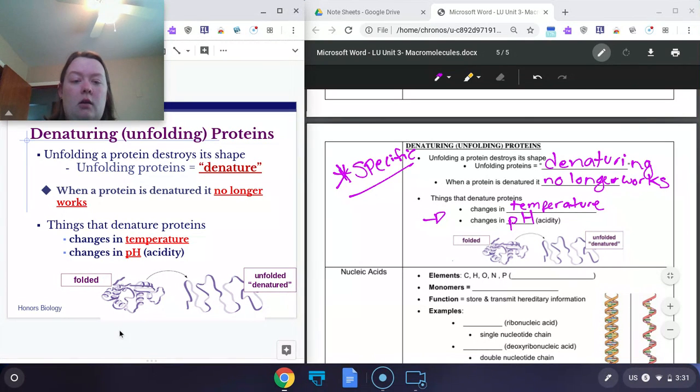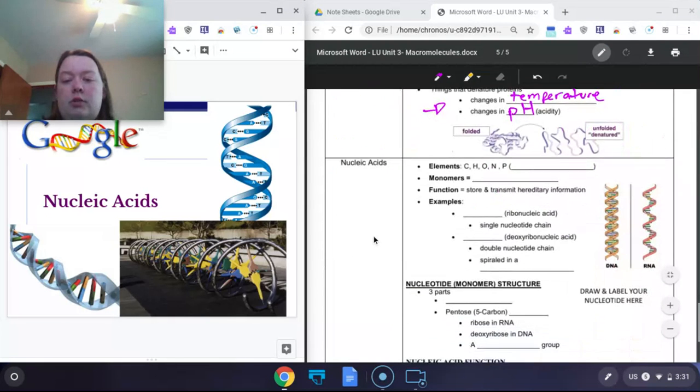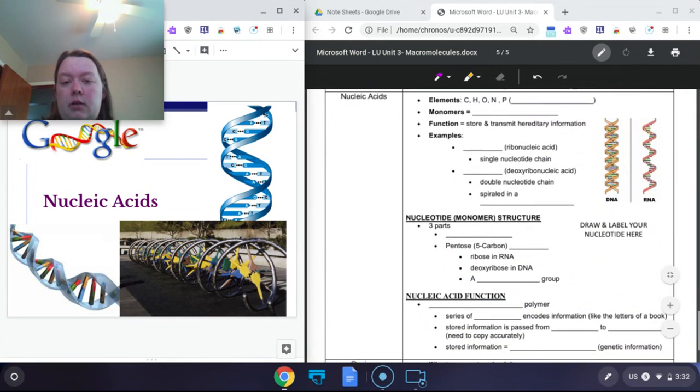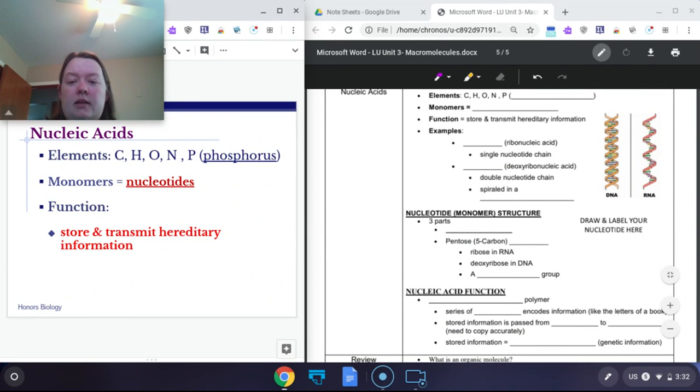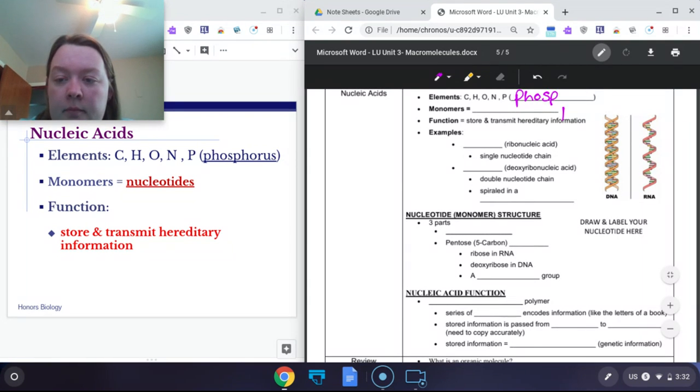Okay, now we are going to talk about our nucleic acids. Nucleic acids are made up of carbon, hydrogen, nitrogen, oxygen, and phosphorus. And the building block of a nucleic acid is a nucleotide.